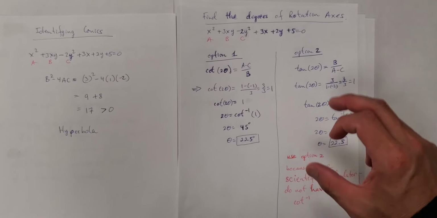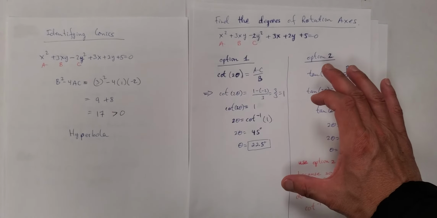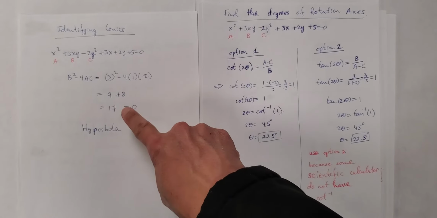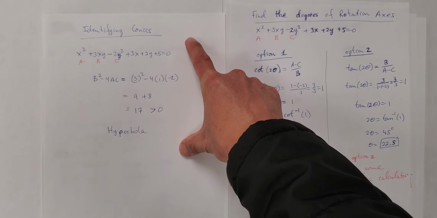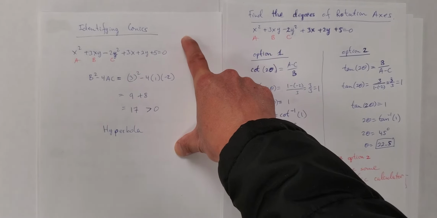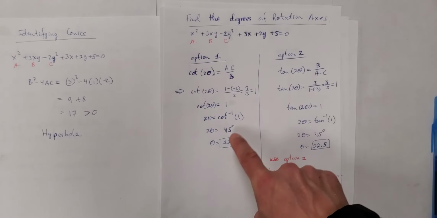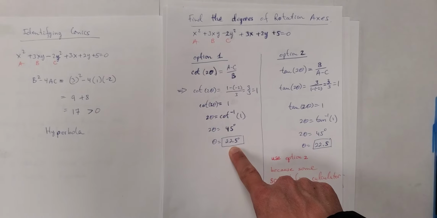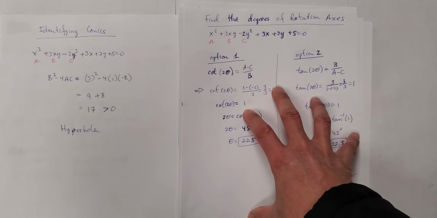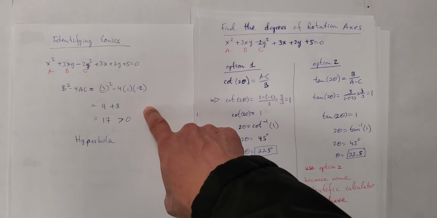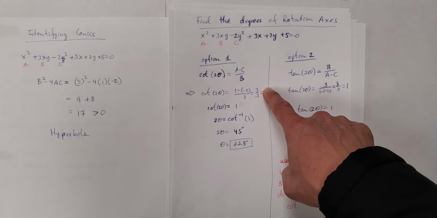That's our main focus for this lesson, and same thing with your homework. Just focus on these two: identify the conics, find the degree of rotation. That's all I want for this lesson.